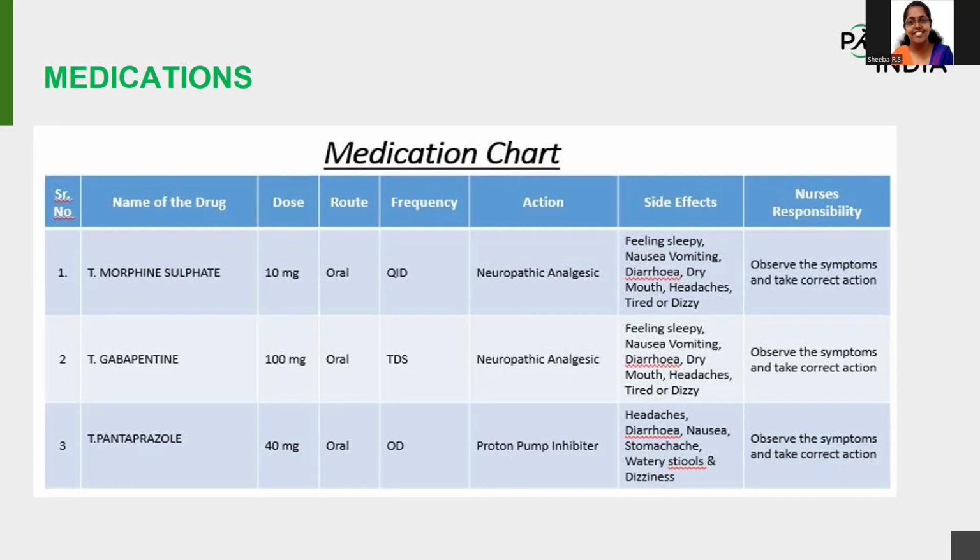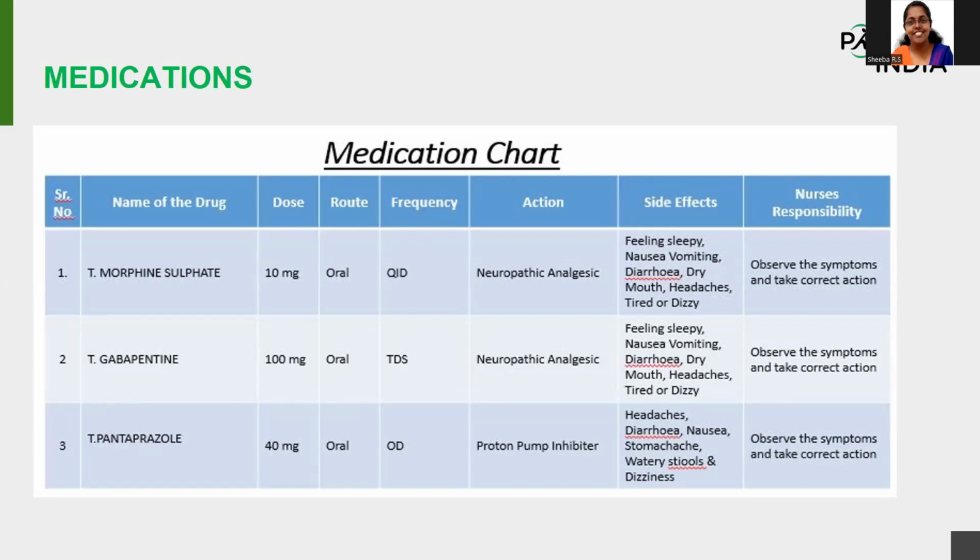Anybody? The patient is having diarrhea because of all the medicine, but for diarrhea, nothing is given. Diarrhea. Sunita sister, what is the history? Is there any particular history of diarrhea? No, ma'am. Since how long is the patient having diarrhea?